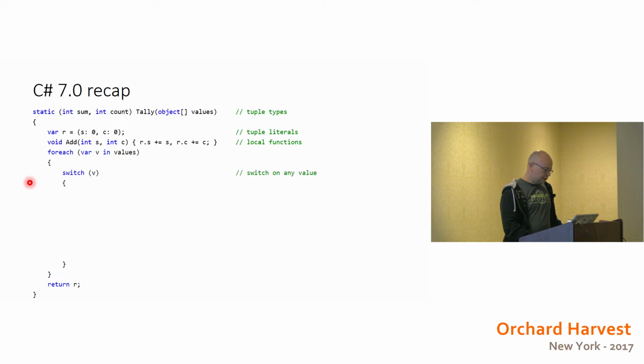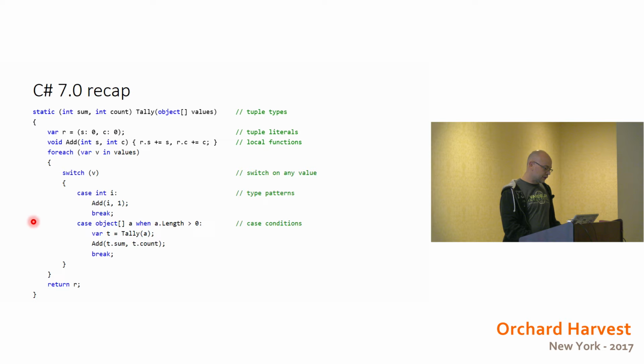Then we have the possibility of switching on any value. This is much more relaxed in comparison with previous versions of C#, but there is also the idea of pattern matching that gets into the mix. How many of you are familiar with pattern matching?